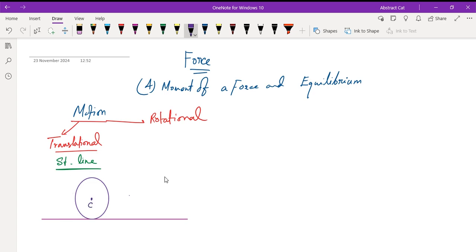So linear or translational means the path is a straight line. This line represents the diameter of the circle. When we apply a force, the force is applied diameter-wise.